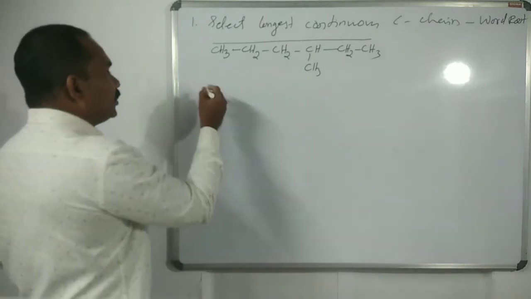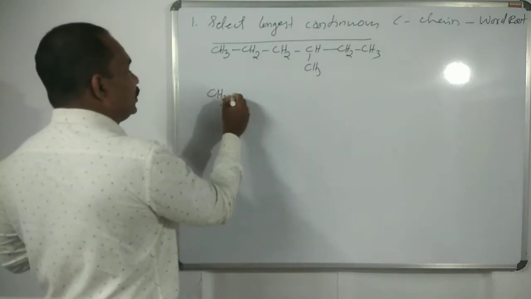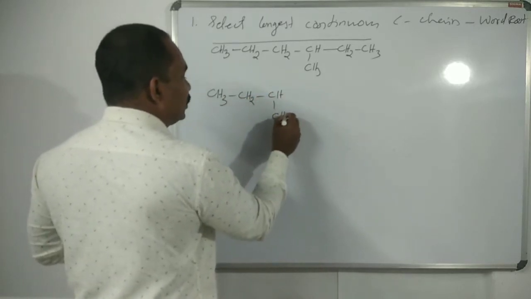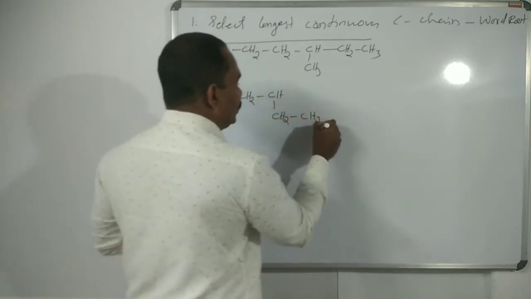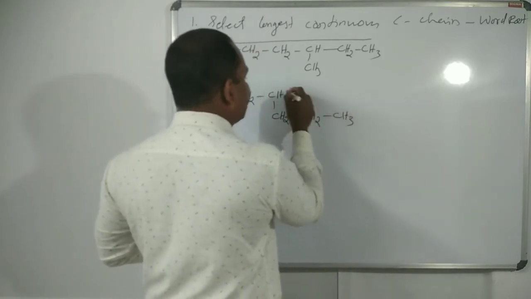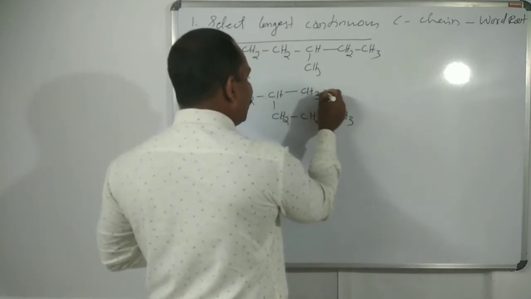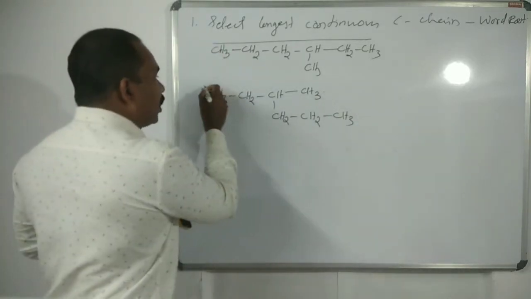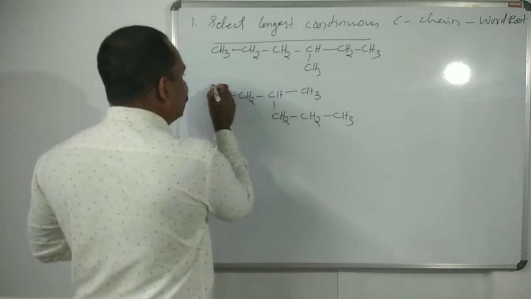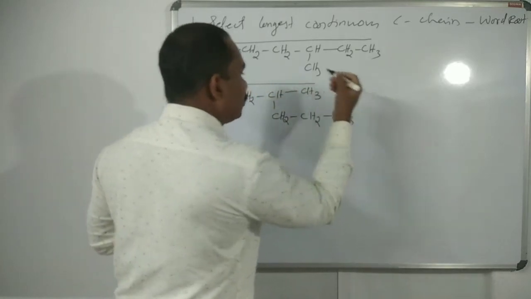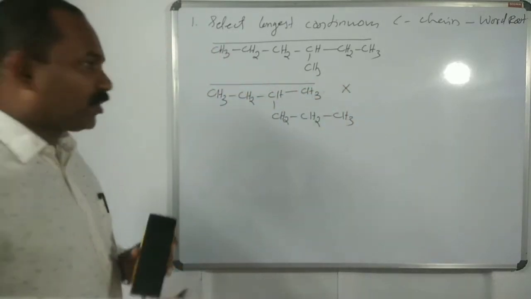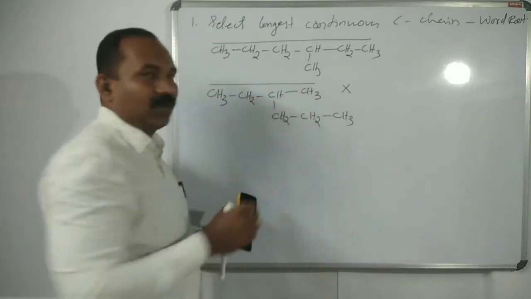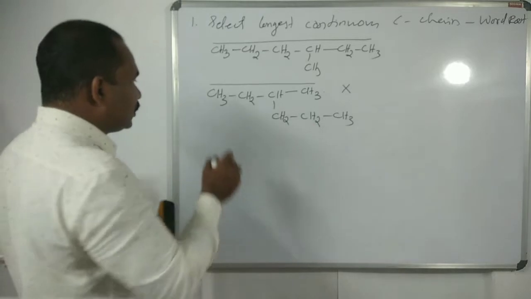And another example, CH3, CH2, CH, CH2, CH2, CH3, CH3. Here, this is not the long chain, because this chain contains 1, 2, 3, 4, 4 carbon atoms.